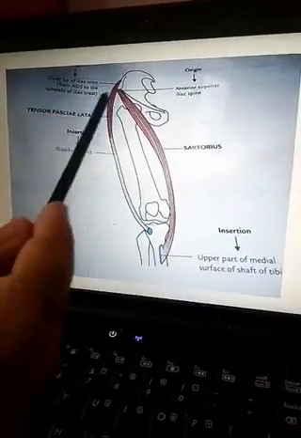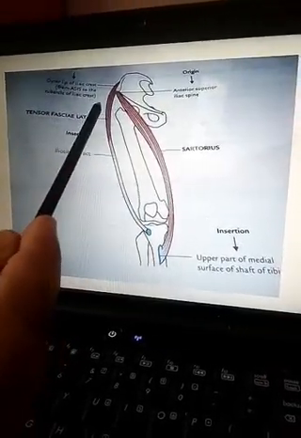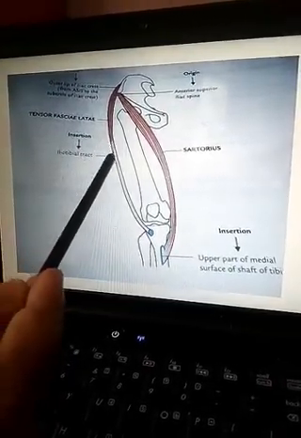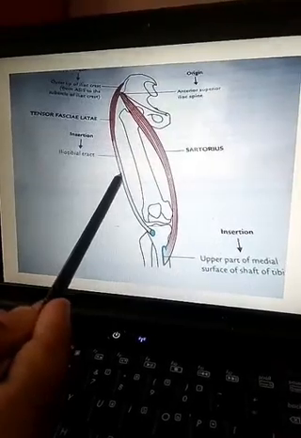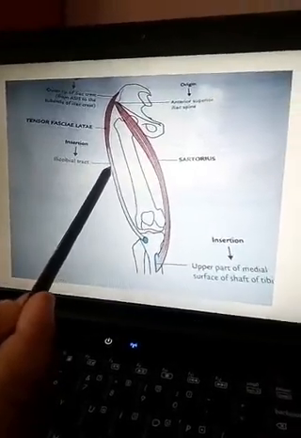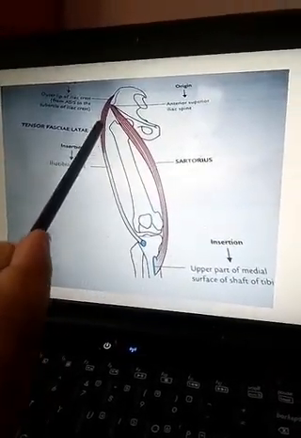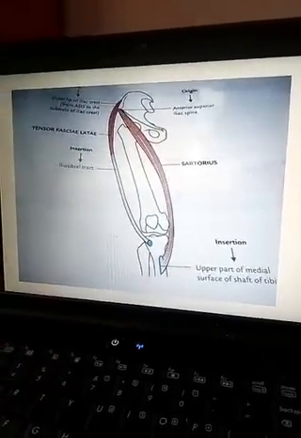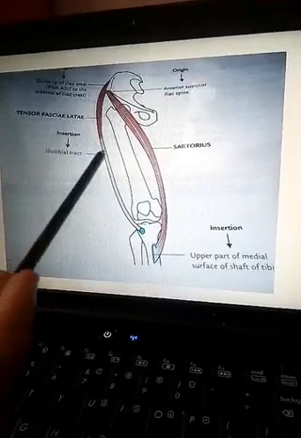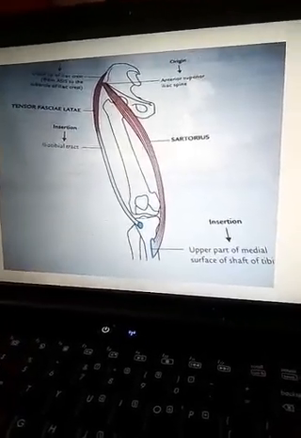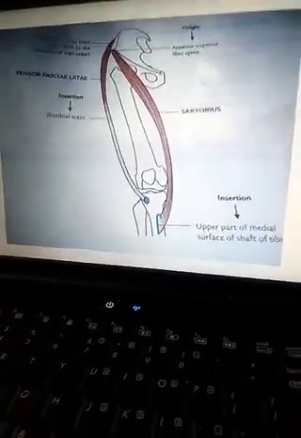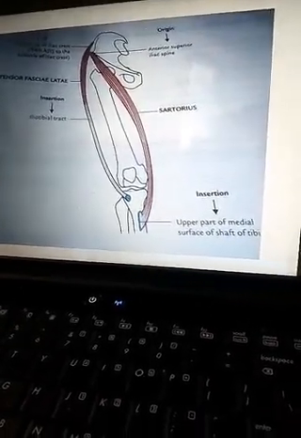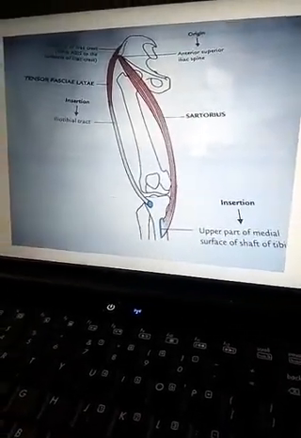The muscle passes downwards and slightly backwards and is inserted into the iliotibial tract 3 to 5 centimeters below the level of the greater trochanter. It is supplied by the superior gluteal nerve. You should remember this. Superior gluteal nerve is the nerve of the gluteal region.